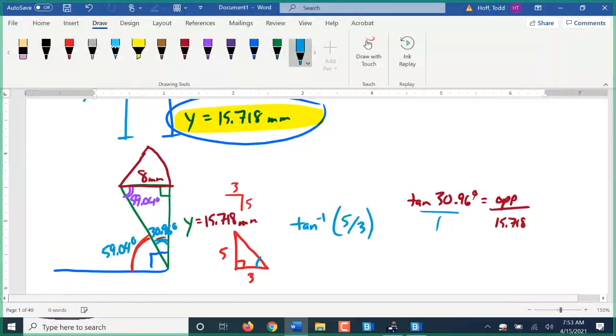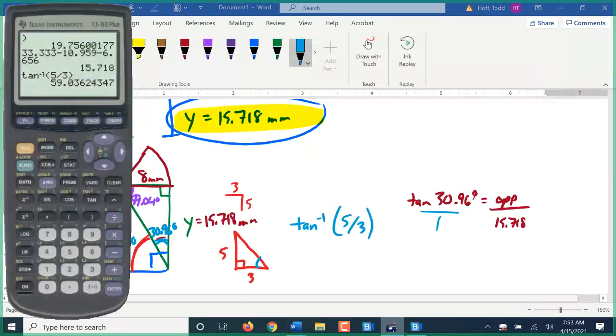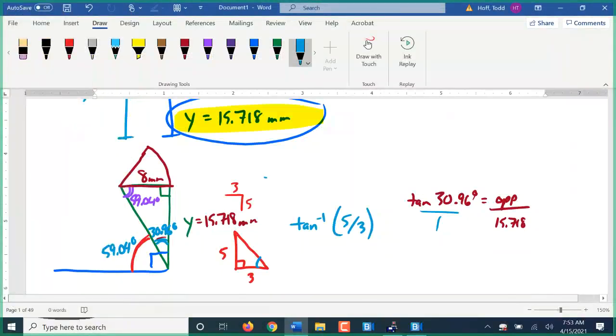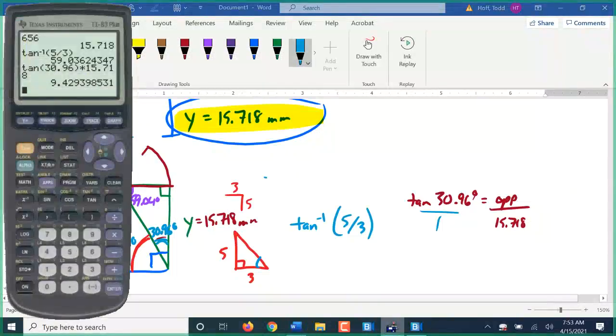Put that over 1 and cross multiply and divide. And we get 9.429. It is definitely not 8 millimeters. So that's telling us that the center of that circle was actually somewhere in here. It was outside of the wedge. Definitely not on the wedge. That actual dimension was 9.429.